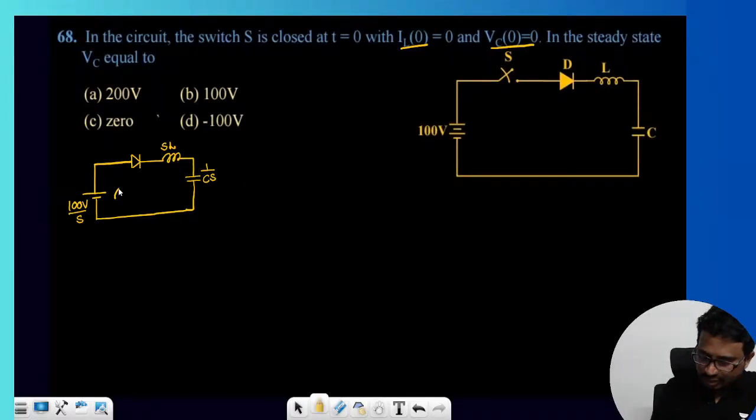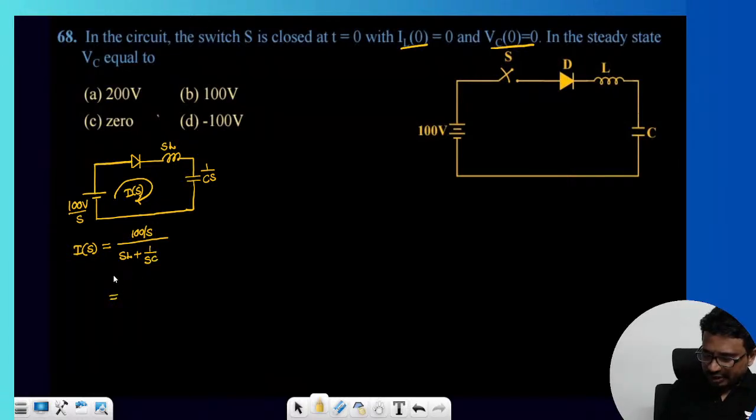Now if I call this current I of S, you can tell me what will be the I of S here. It should be given as 100 by S divided by SL plus 1 by SC.